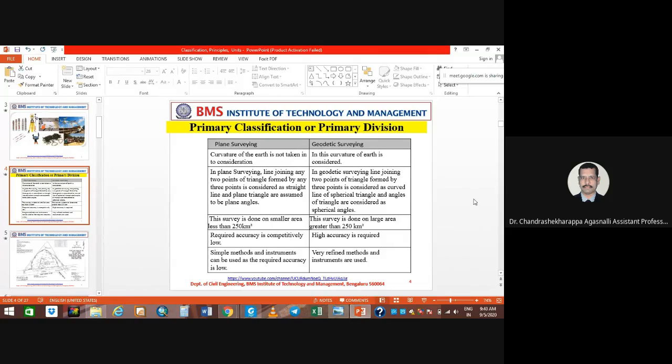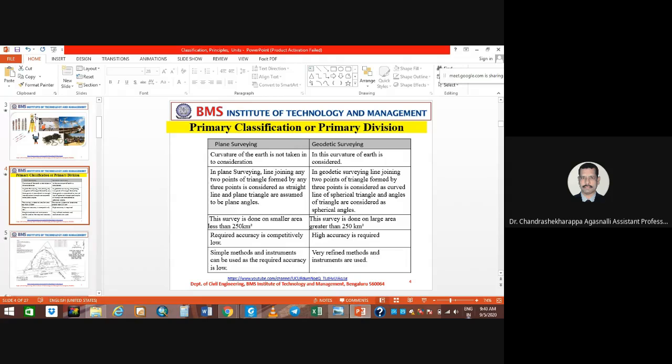The required accuracy is comparatively very low in plane surveying, very less accuracy. When it comes to geodetic, it's high accuracy. Most people go for geodetic surveying only, because it gives more accuracy. In the survey part, accuracy is the most important. Do the surveying without error.